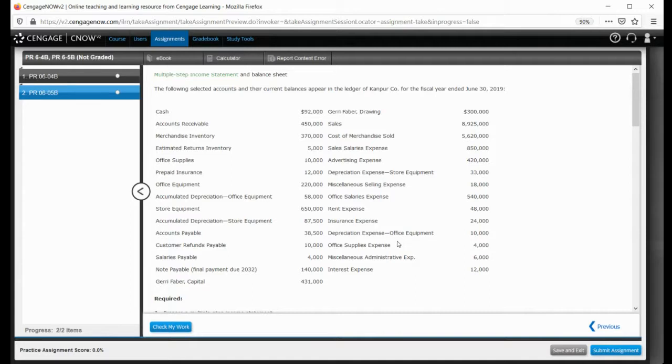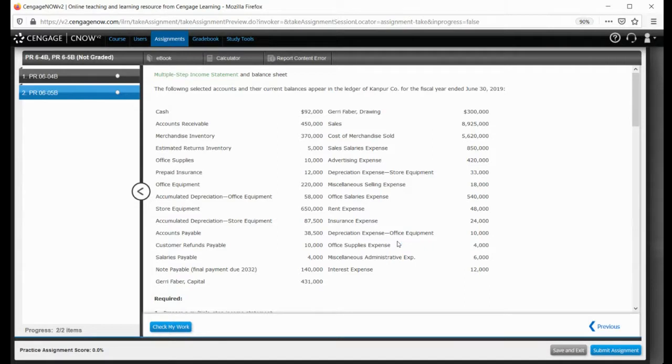But the multi-step income statement is a little bit different than the income statement that you did in chapters 1 through 4. The main difference is we're going to record all of our major form of revenue at the top of the income statement, and we're going to record our major expenses for a retail business at the top of the income statement.